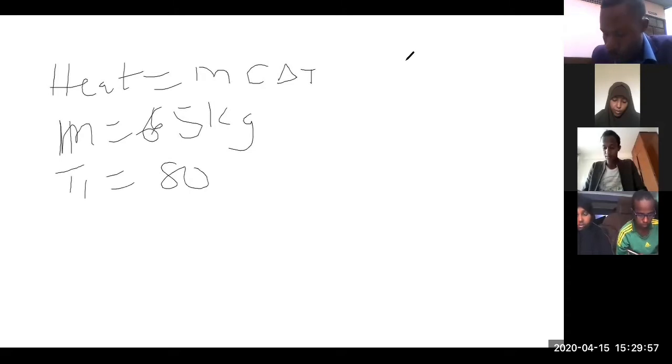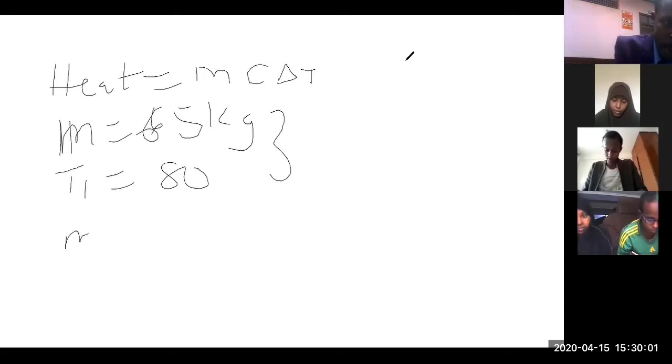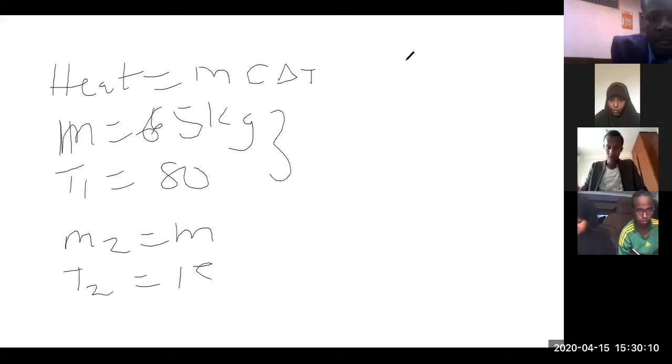So that is the first part. The second part is adding a mass of water, M2, that is M, at a temperature of 15 degrees. T2 is 15 degrees.